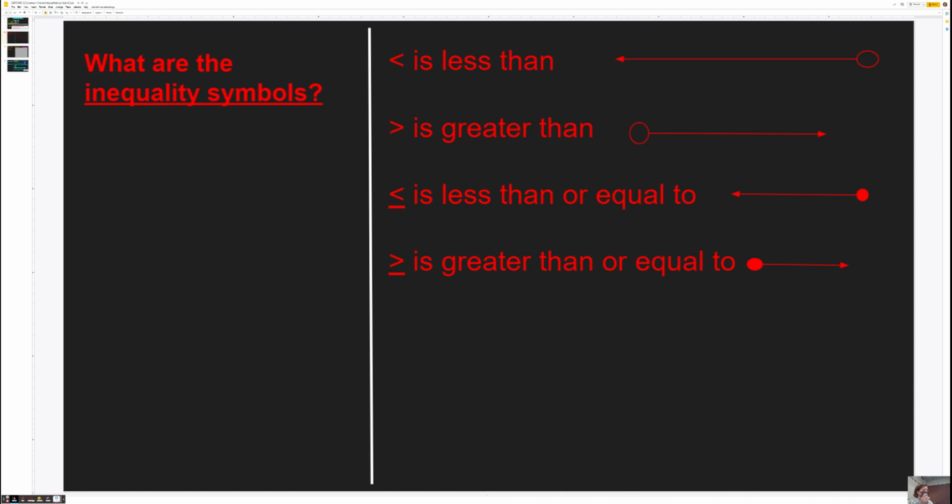The greater than is the same thing, except it's an open circle and shading to the right. Less than or equal to means it includes the number we're talking about, and then you shade to the left. And then greater than or equal to is a closed circle and then shading to the right.